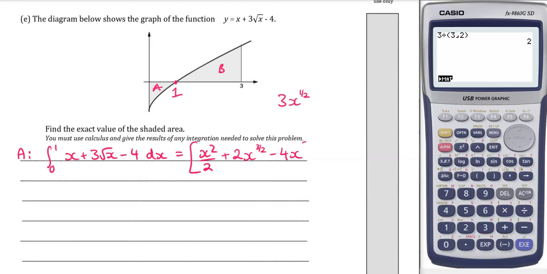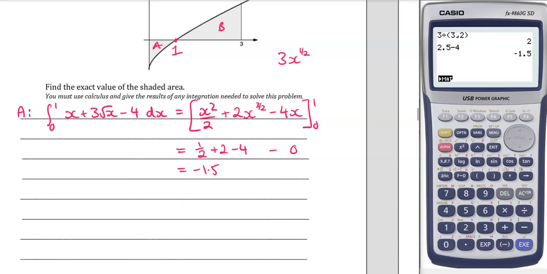And we'll do that between 0 and 1. So that's a half plus 2 minus 4, and putting in zeros, of course, would just be 0. That comes to minus 1.5. Now it's a minus because it's below the x-axis. So area A is 1.5.